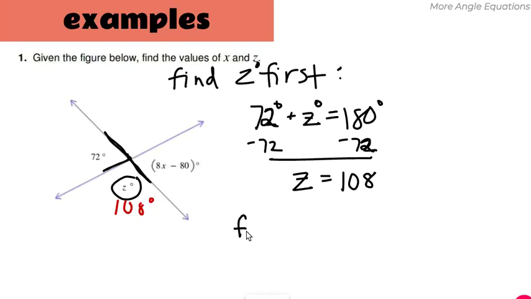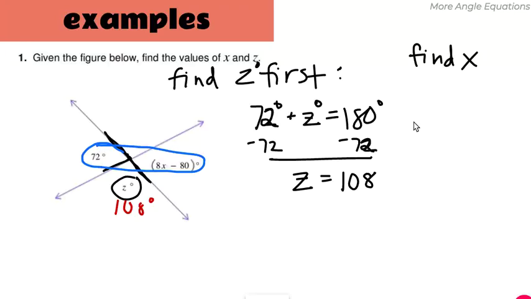So now to find x, oops, over here. To find x, we have two options. My first option, if I look, you see how these two angles are vertical angles? They're opposite from each other. So I could say 72 degrees equals 8x minus 80, and I could solve that equation, right?